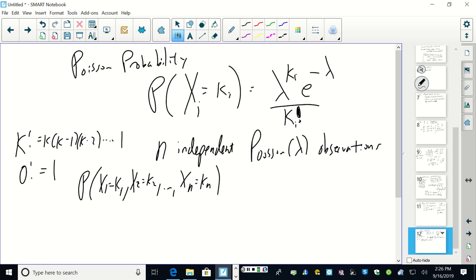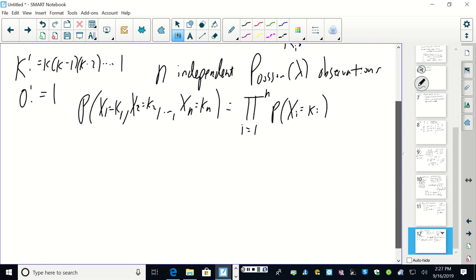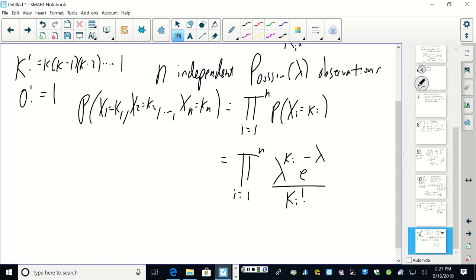They're independent, so it's a product of probabilities. A joint probability of all n outcomes together becomes the product of those. For each one, we can put in that Poisson probability. We're going to get a product going from 1 up to n of lambda to the ki, e to the negative lambda, over ki factorial.